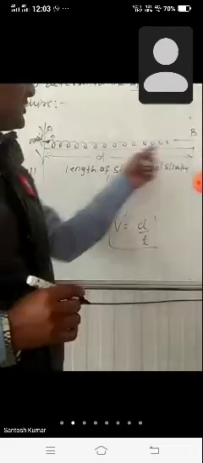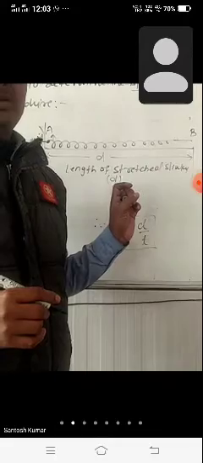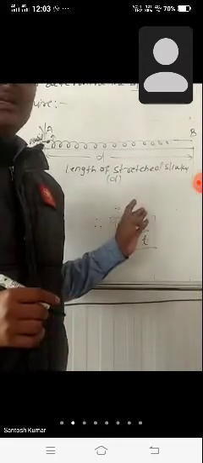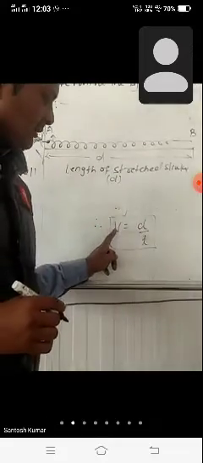The length of the stretched slinky is measured with the help of a measuring tape. This will give us the value of T, and by using the formula V equals D by T, we can find the speed of the pulse propagated in a slinky.